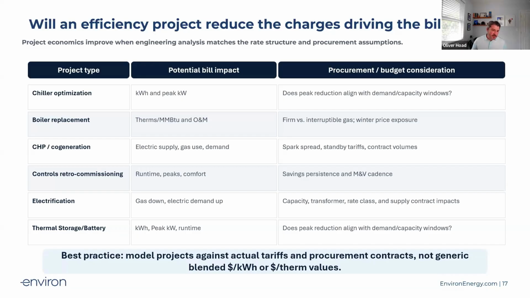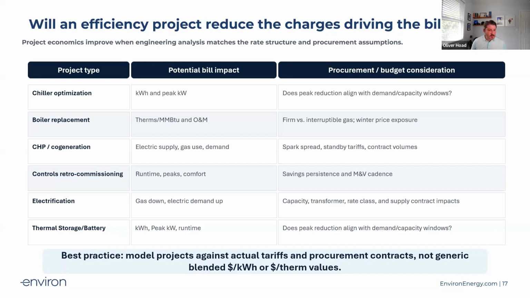So not only can that enable participation in peak load management, but also demand response. As the grid continues to experience major capacity constraints, the cost for these demand response programs has increased. So thermal storage and battery storage should be considered when looking to reduce your demand.